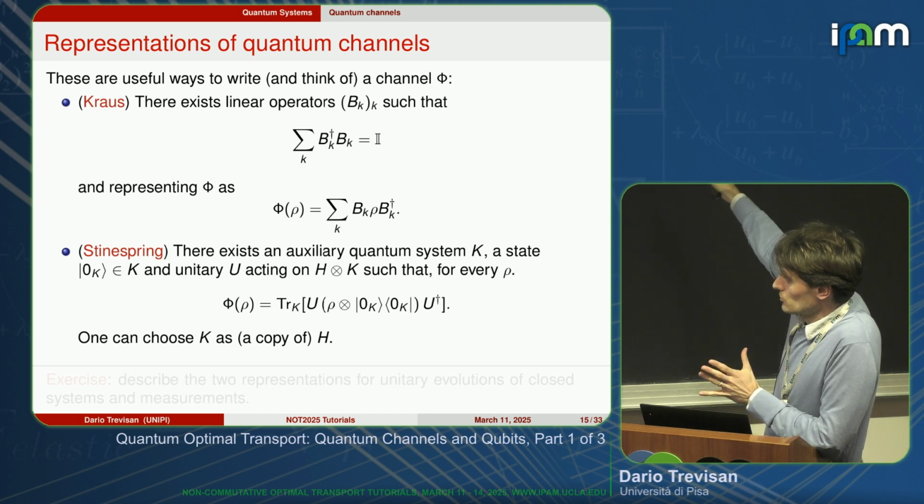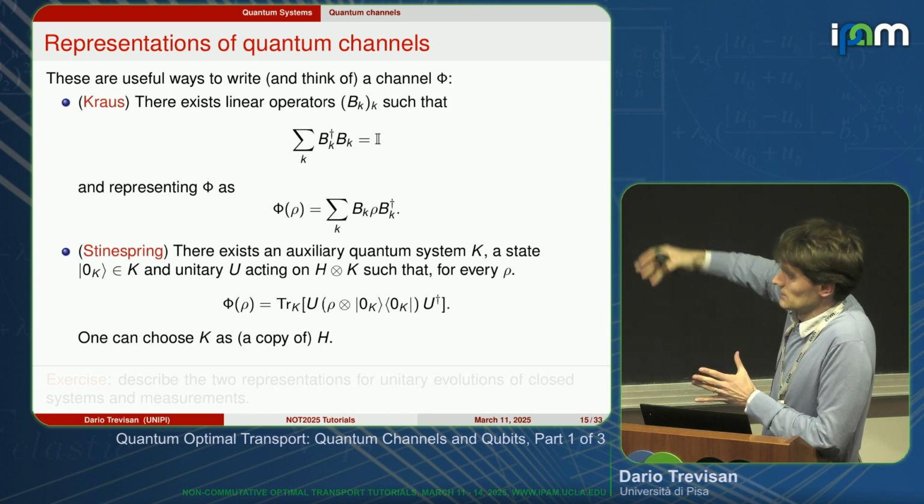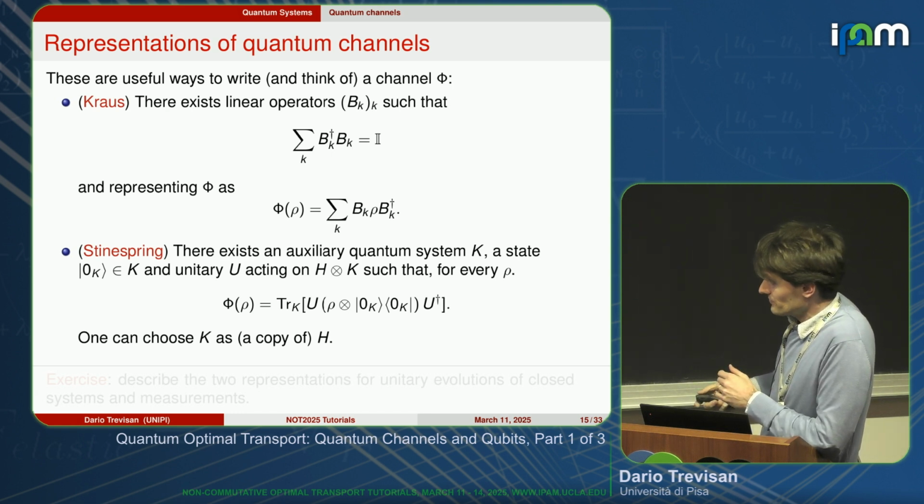And then there is a unitary on the joint system H tensor K, so that the channel applied to rho is the result of this operation.